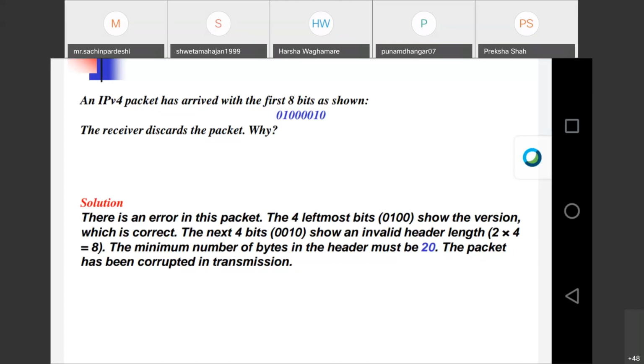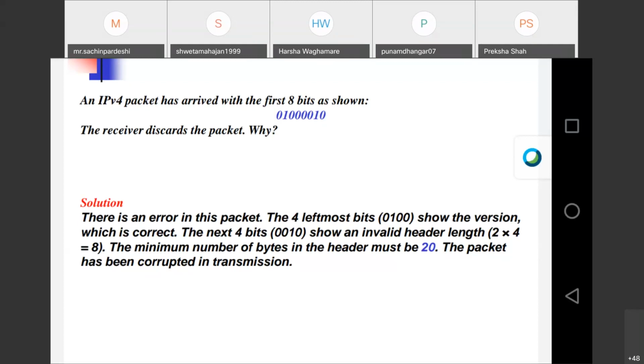So the first 4 bits, 0100, is the value 4. It means the received datagram is an IPv4 datagram. The receiver computer can easily come to know that.